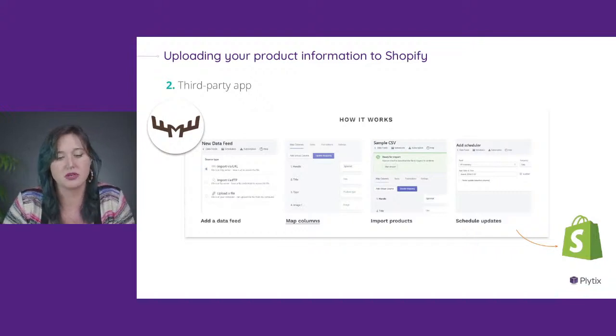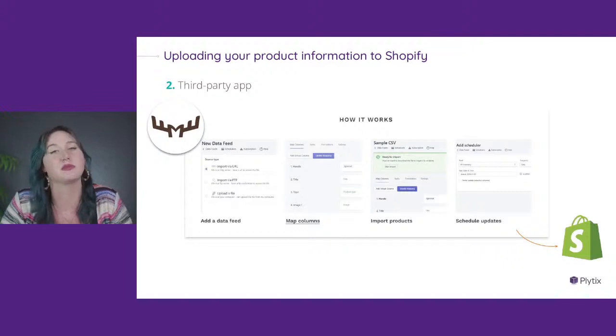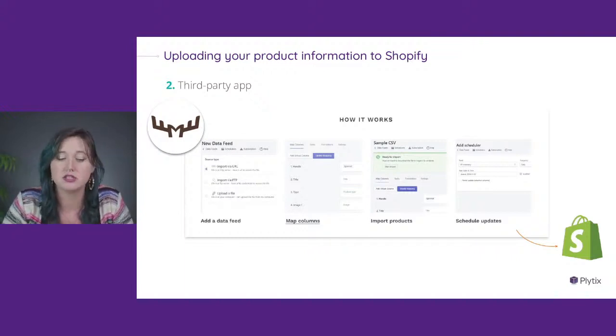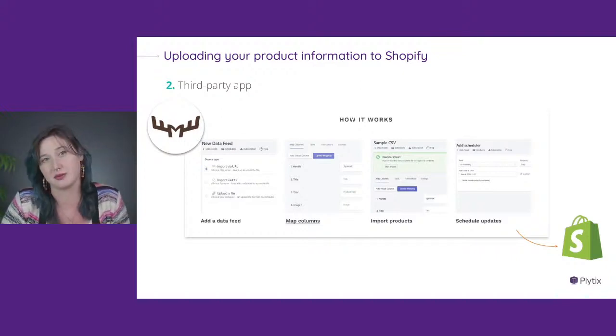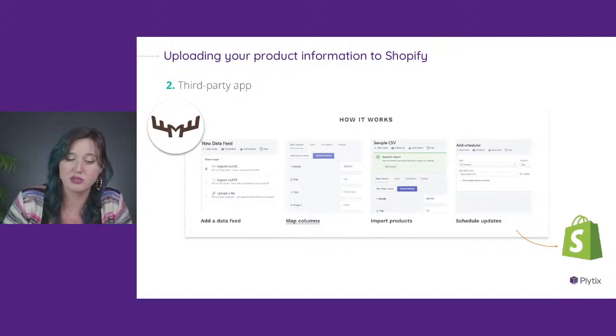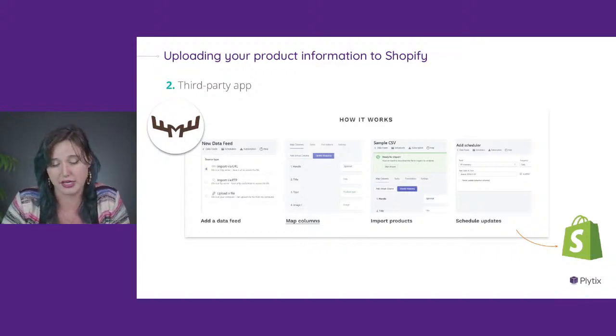And most apps will allow you to map or match your columns with the ones that Shopify requires, which will save you some time and trouble, so that way you can avoid unexpected errors. Just don't forget that providing updated information is important, because just like with the CSV method, Shopify will still overwrite product information in your store with whatever new information you're feeding it.